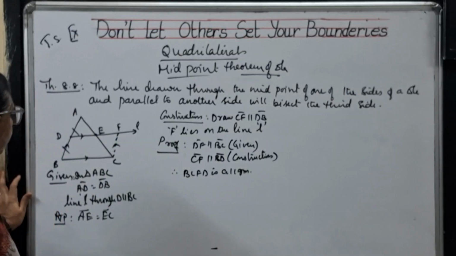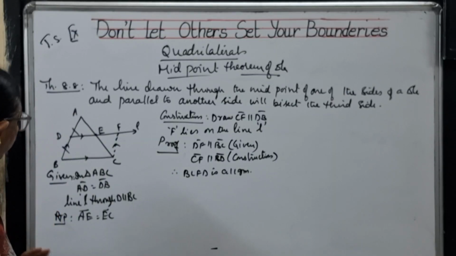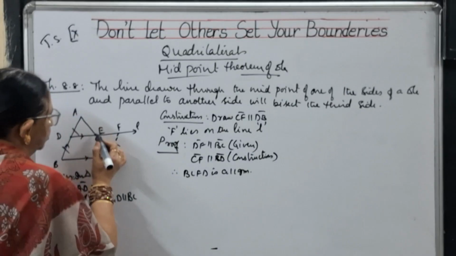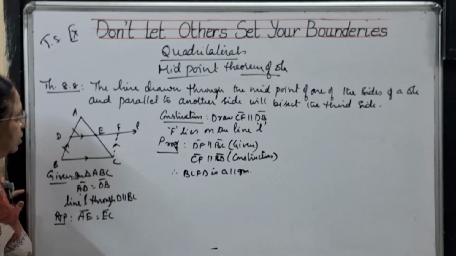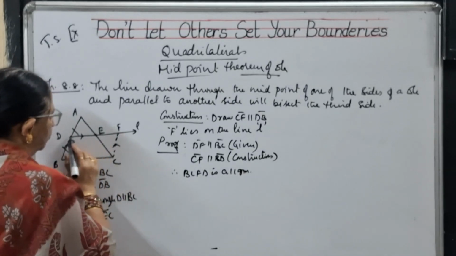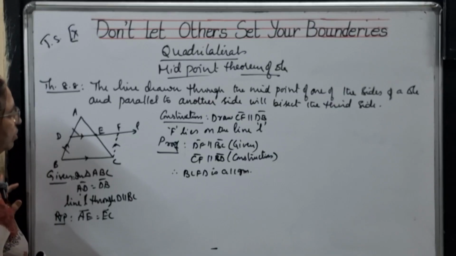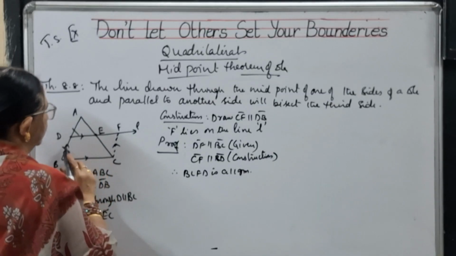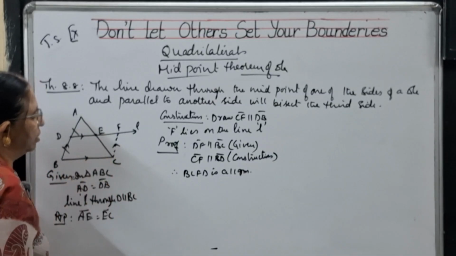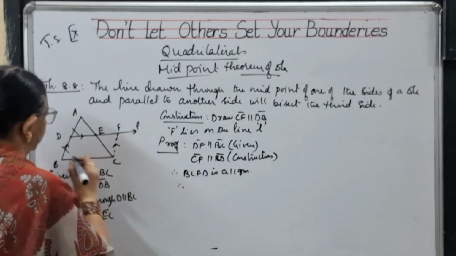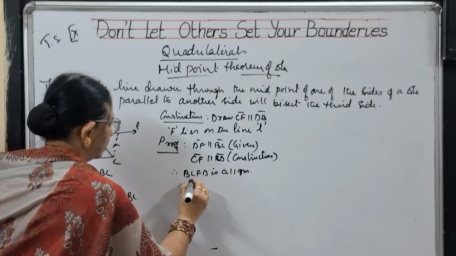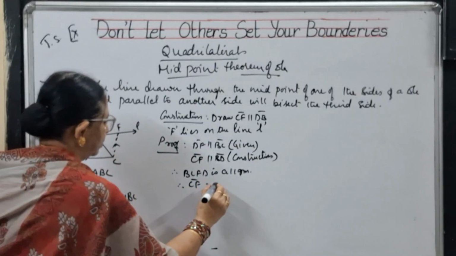So when BCFD is a parallelogram, now what is your task? We need to prove AE is equal to EC. So when BCFD is a parallelogram, its opposite sides are equal. So what you can say, CF is equal to BD.